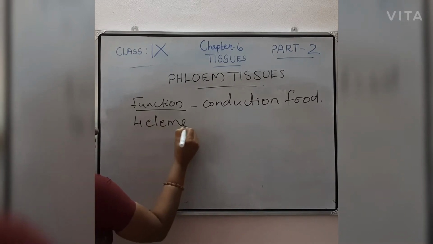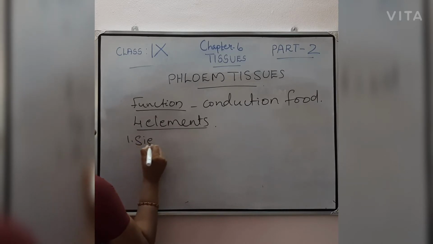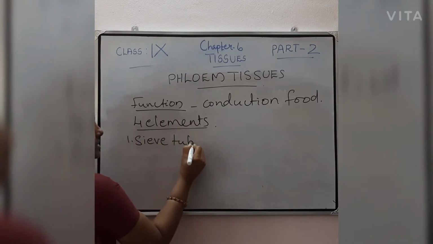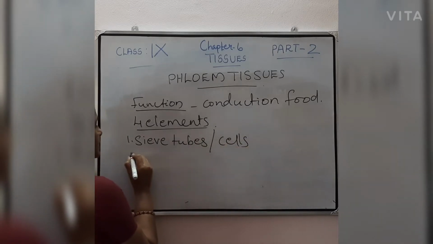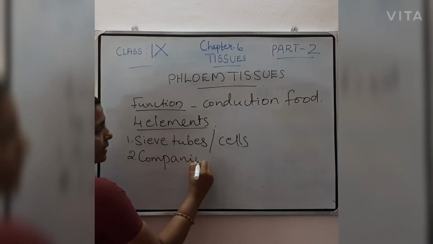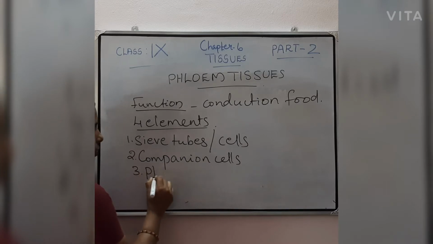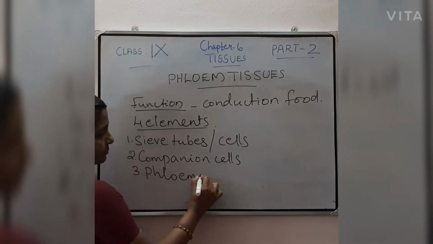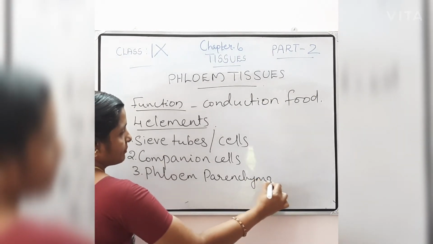Which are the 4 elements of phloem tissue? The first one is sieve tubes, or sieve cells. The second one is companion cells. The third one is phloem parenchyma, and the fourth one is phloem fiber.